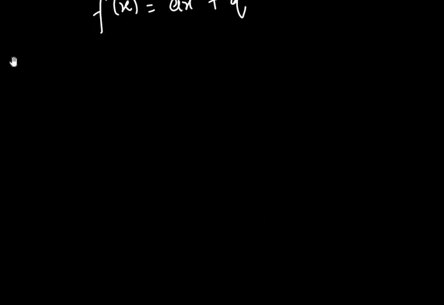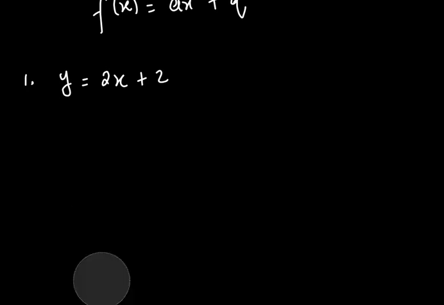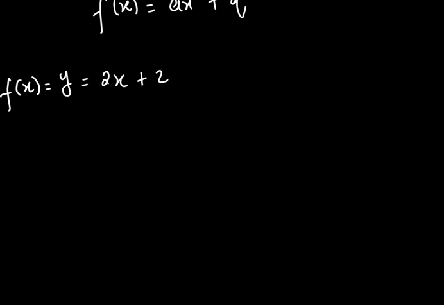So we're going to have our first example. Let's say number 1, we're dealing with y equals 2x plus 2. Let's just call it f of x again, so f of x is equal to that as our first function. Now we need to find the inverse function.